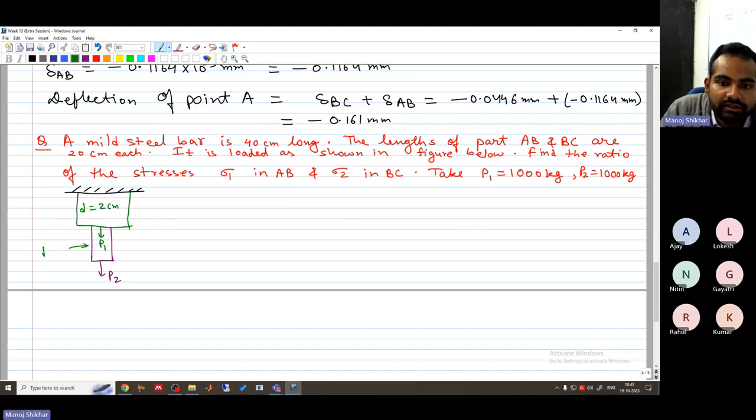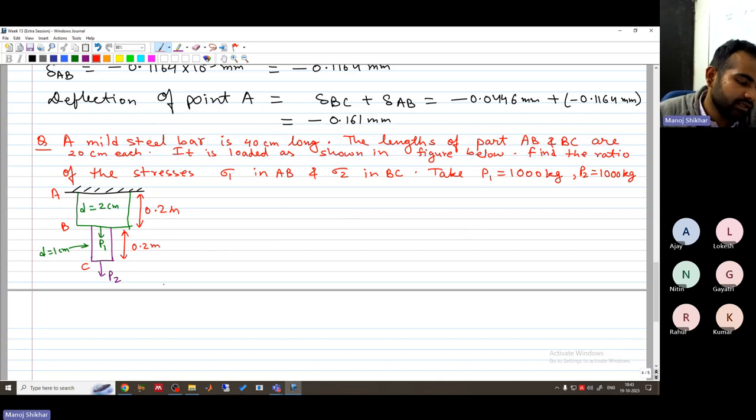For this, diameter is 1 centimeter. This length is given 0.2 meters. This is also 0.2 meters. And this is A, B, C.